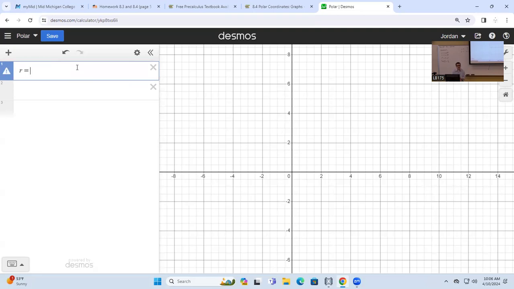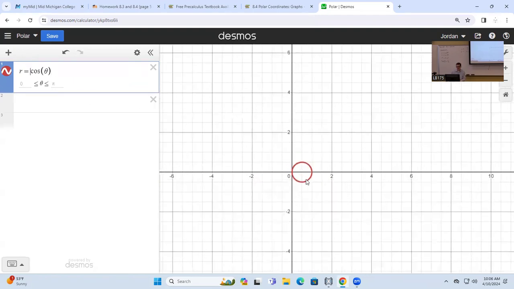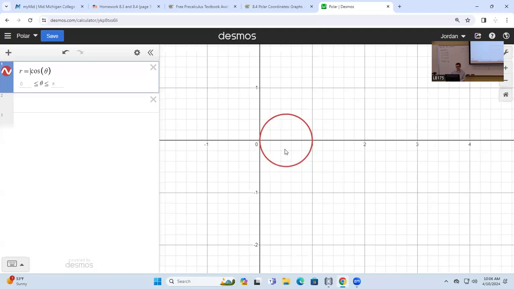If I do r equals cosine of theta, notice that I get a circle where one point is at the origin. One point is at the rectangular point (1, 0).